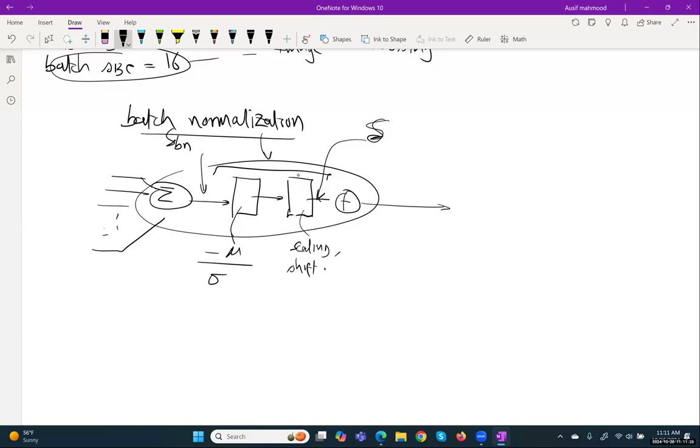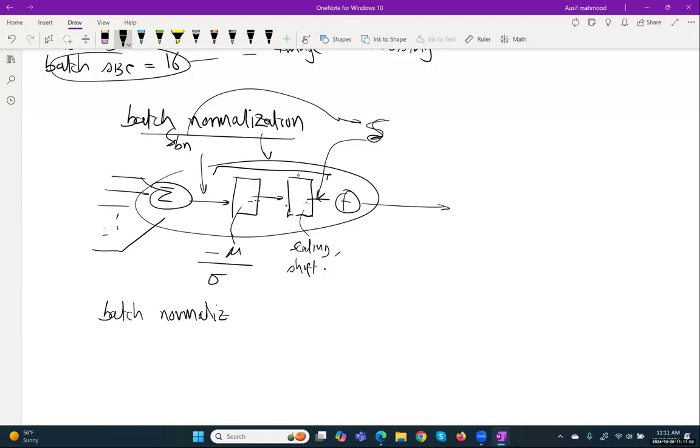And we went through the whole math of computing the derivatives so that we can relate this delta BN to the normal delta over here. In the end, we came up with some equations that you programmed, or are programming, in assignment number 4. So again, keep in mind, batch normalization.